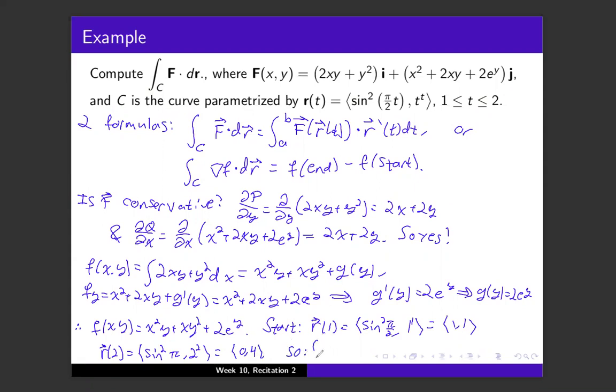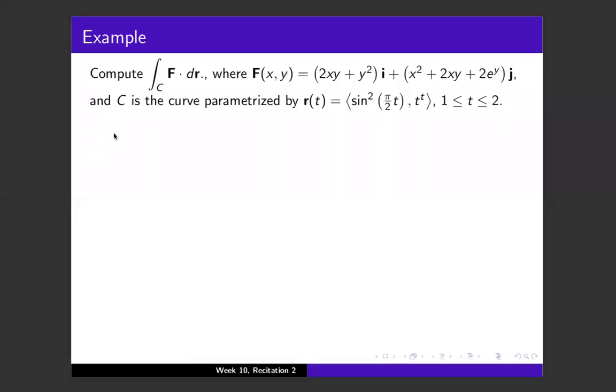Let's see if I can do this in the space I have left. I'm not going to be able to do this in the space I have left. One second. So we found, rather, that F is the gradient of the function little f, where little f of x, y is given by x squared y plus xy squared plus 2e to the y.